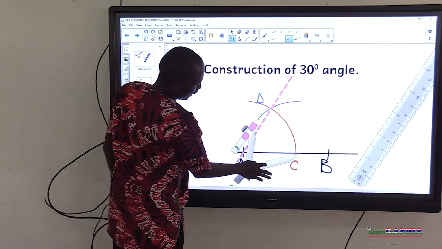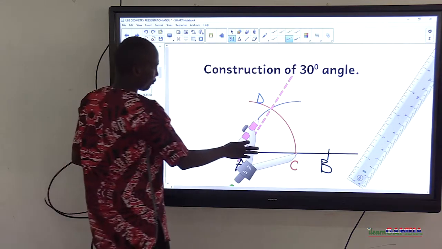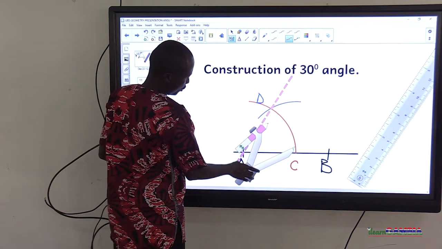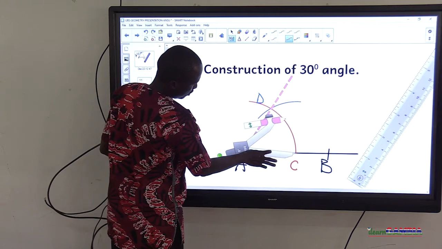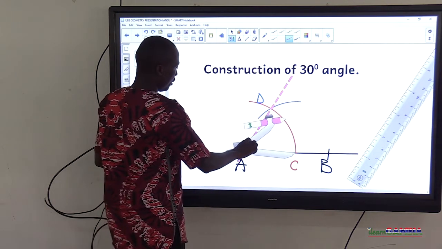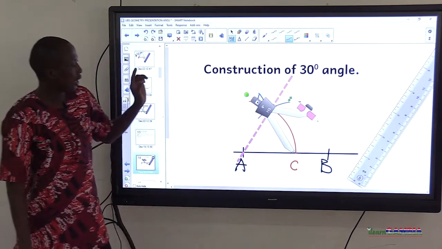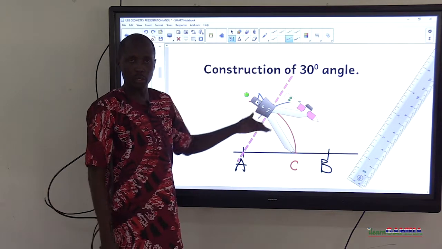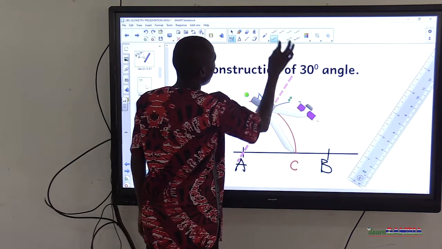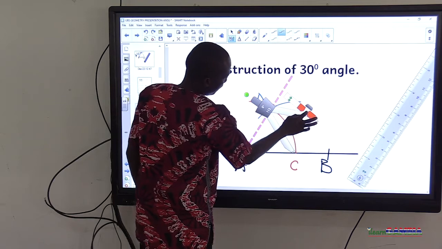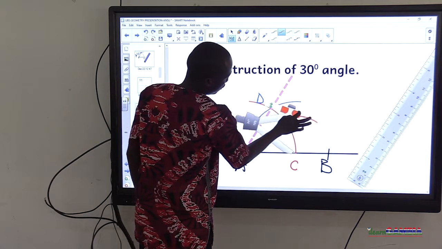We put the compass point at C, open to a convenient radius. This radius is convenient for me. Then we draw an arc inside the angle that we have just constructed.